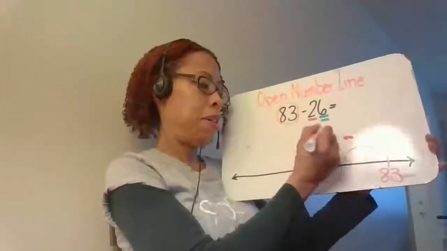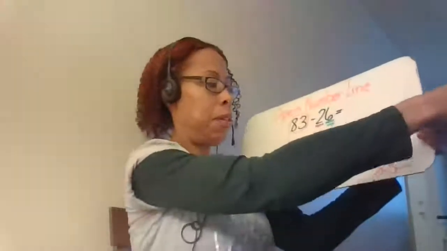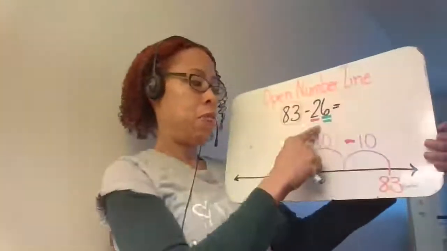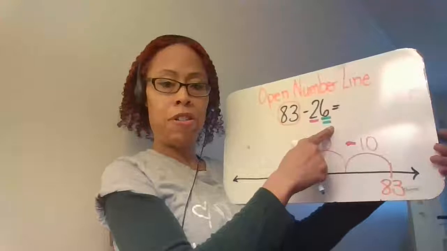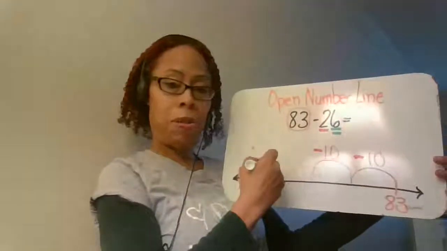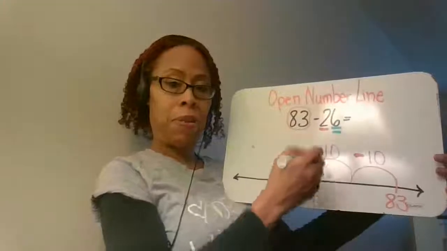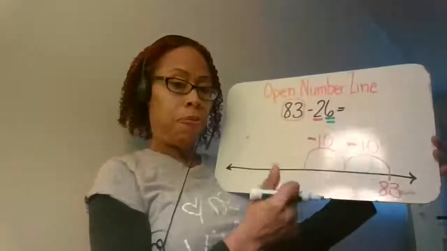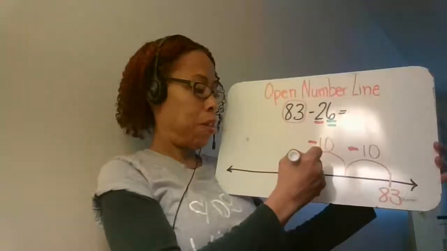Minus and minus. Now let's look at the second digit in 26. The digit that's in the ones place is 6. So I can just make a jump that is 6, or I can break it into ones or twos. Just for the sake of this video, let's break it into ones.